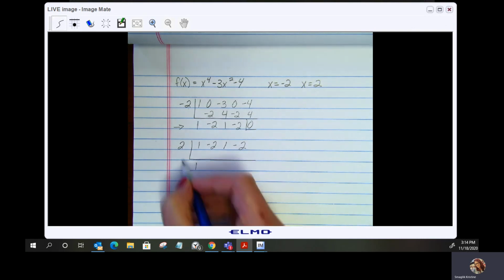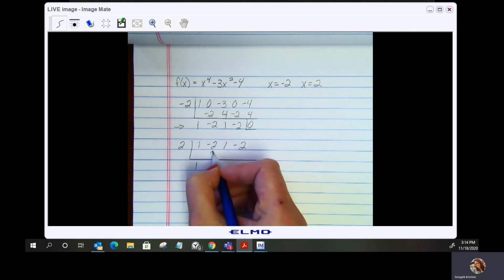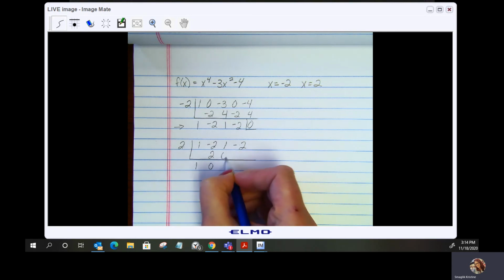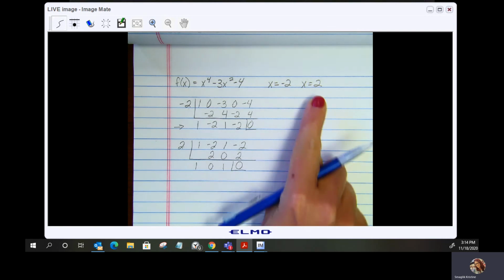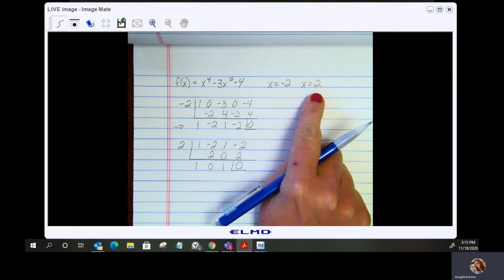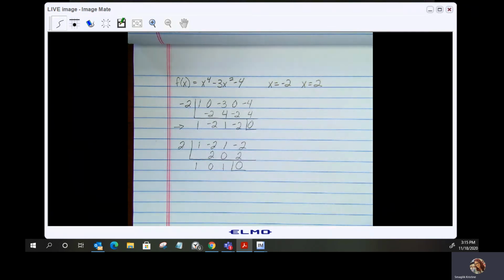Bring down the 1. 2 times 1 is 2. That gets me a 0. 2 times 0 is 0. I get a 1 when I add. 2 times 1 is positive 2. And again, I get a remainder of 0, which I am expecting because I was told that this is a 0. If it's a 0, this is a factor.